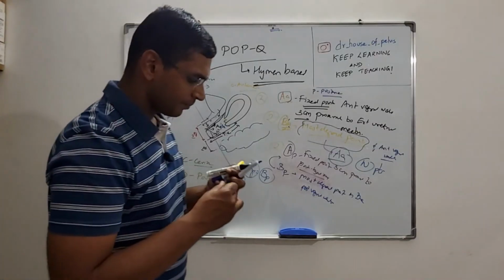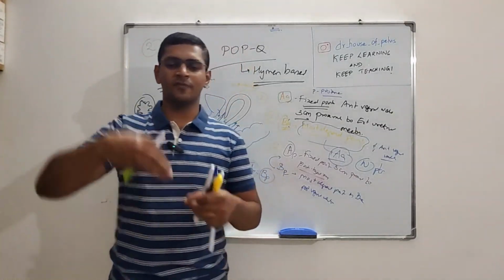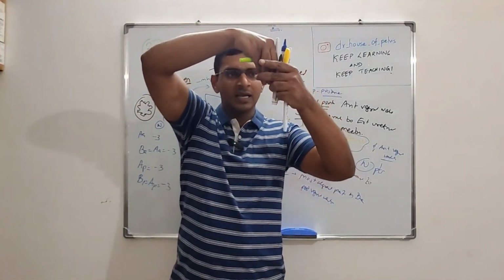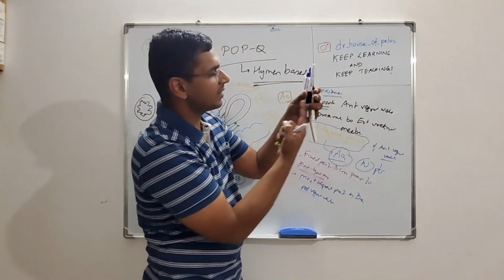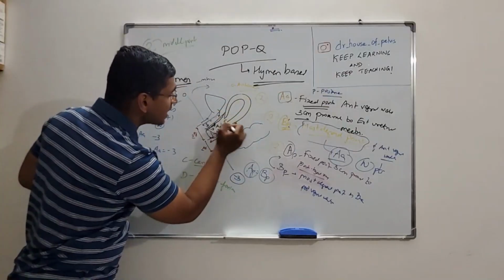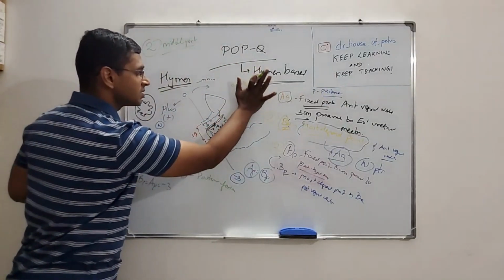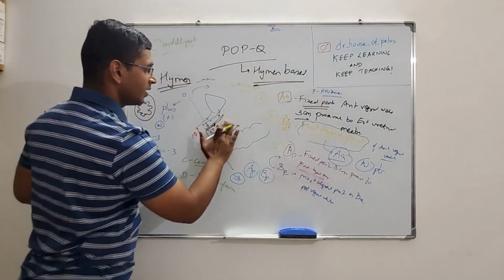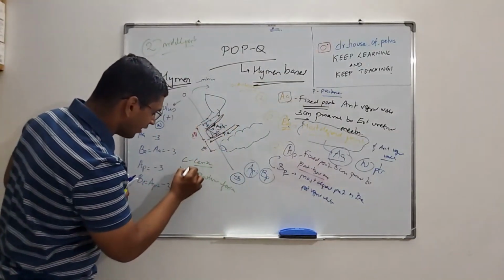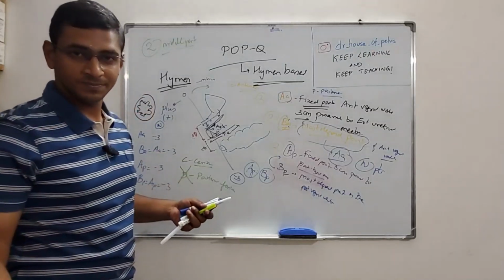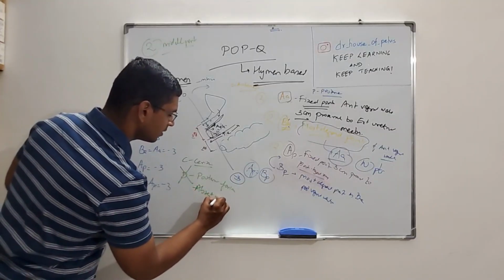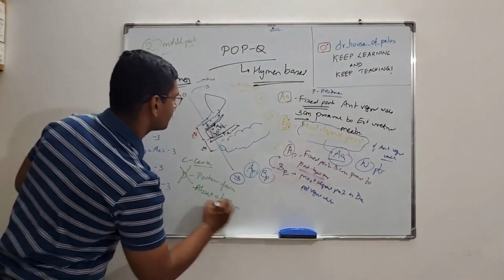So now tell me, we know the posterior fornix is formed when the cervix enters into the vagina. There is a groove that is formed there, and that groove forms the posterior vaginal wall. Now, if the uterus is absent, I will not have a fornix. So I will not have point D when I don't have a uterus. Right? So point D is absent in a hysterectomized patient.